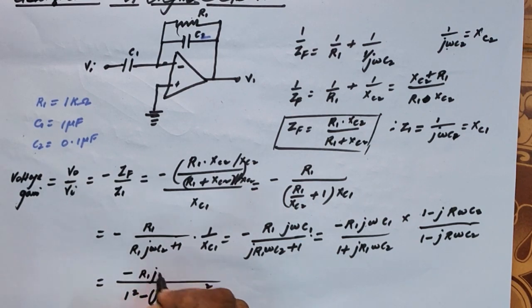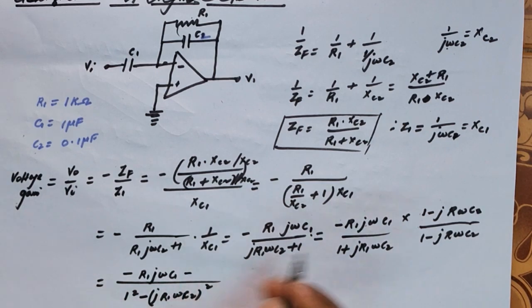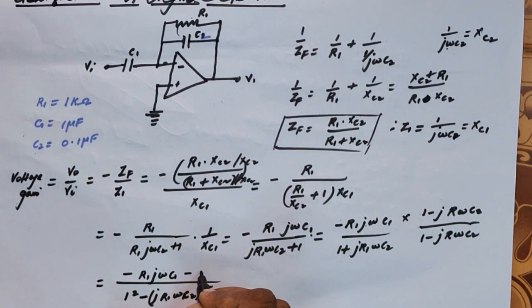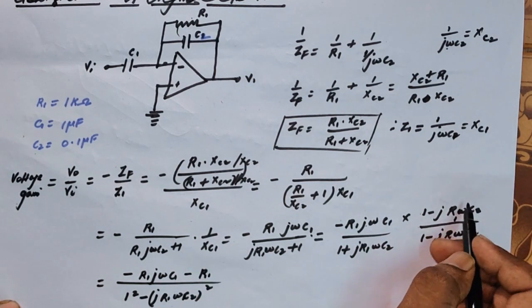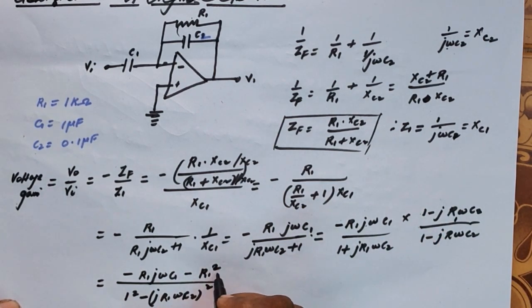Minus R1 j omega C1 minus, if you are just doing this, it will give R1 into R1 squared omega squared C1 C2.